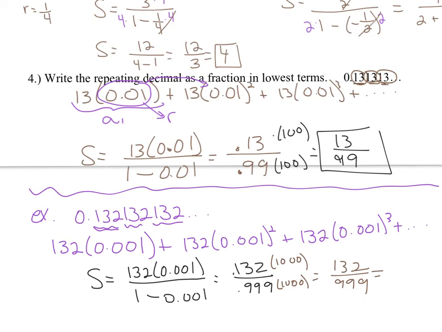And then this fraction actually can be simplified by dividing by 3. So when you divide 132 by 3, you get 44. And 999 divided by 3 is 333. So this would be the fraction in lowest terms for the repeating decimal 0.132132132 indefinitely.